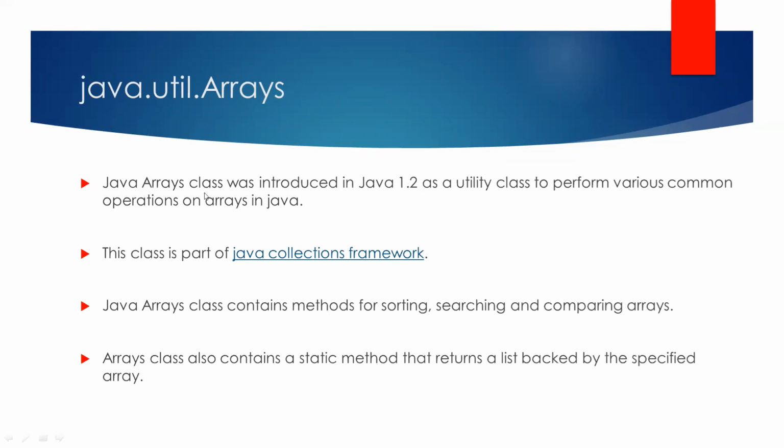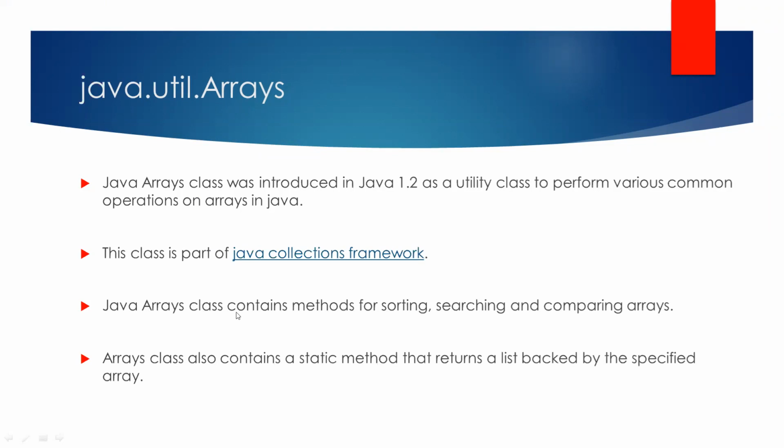So the Java Arrays class was introduced in Java 1.2 as a utility class to perform various common operations on arrays. This class is a part of the Java collection framework. There is a collection framework available in Java, and the collection framework provides you built-in data structures. So this is a part of the collection framework.